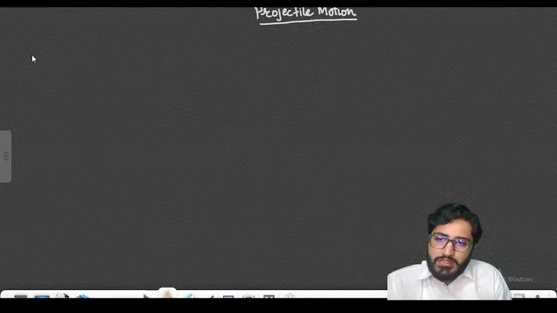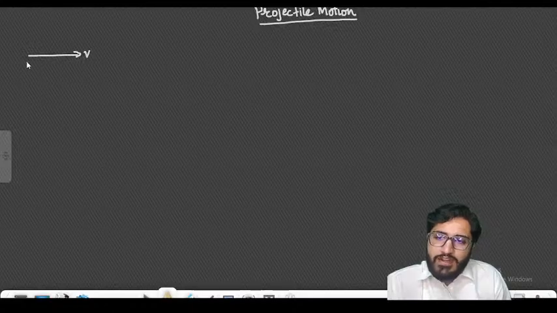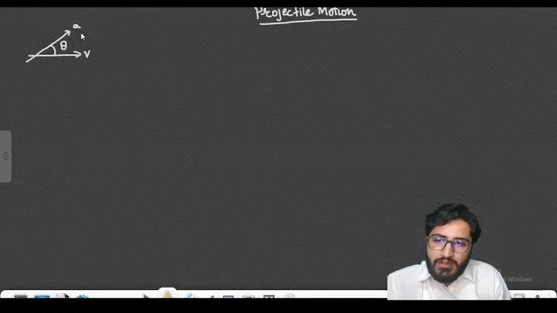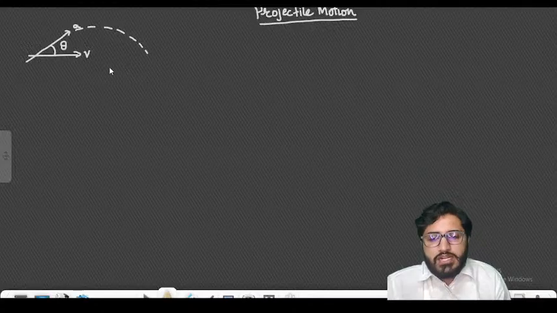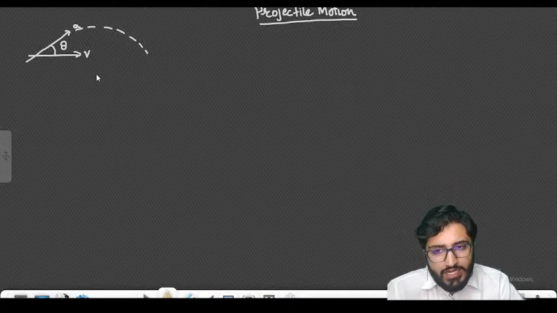Projectile simply means, suppose we have velocity in one direction and acceleration in a different direction, with some angle theta between acceleration and velocity. The path we are going to discuss is known as the projectile path, or projectile motion.